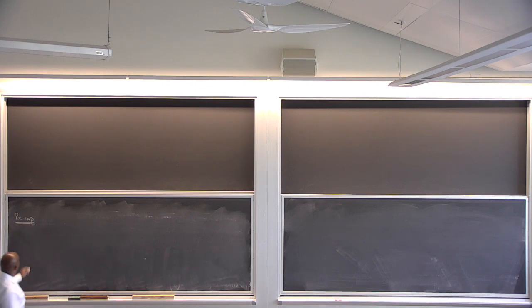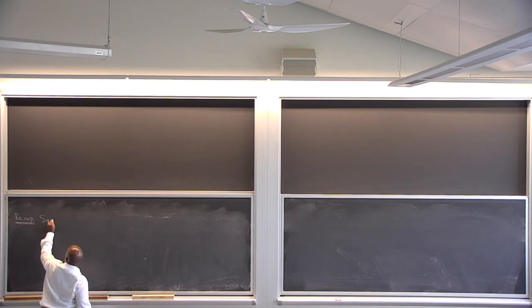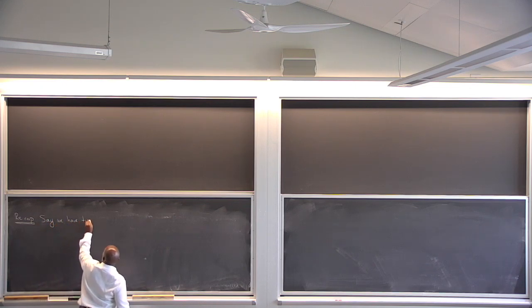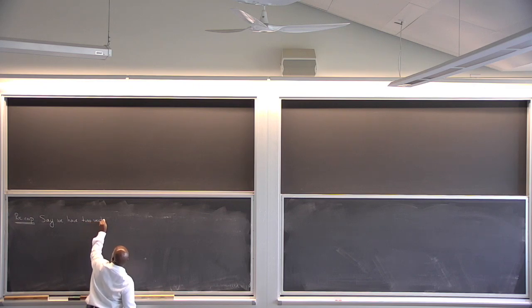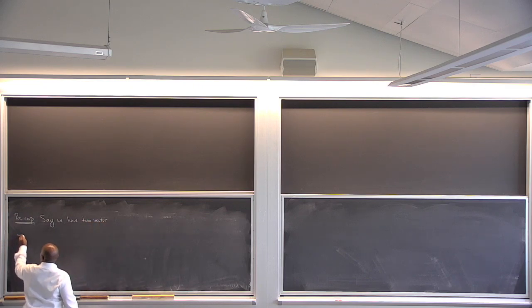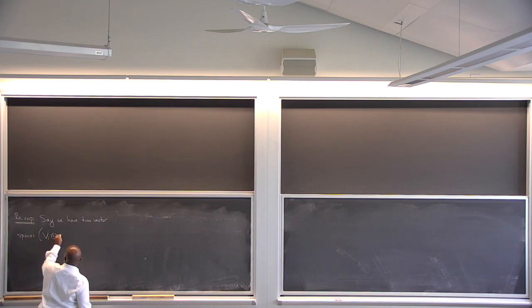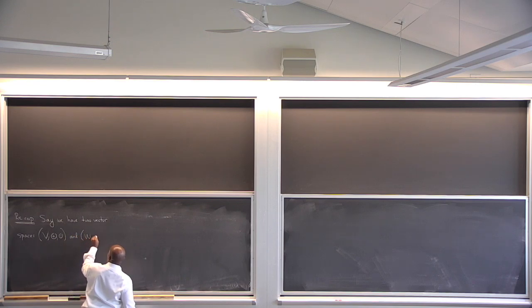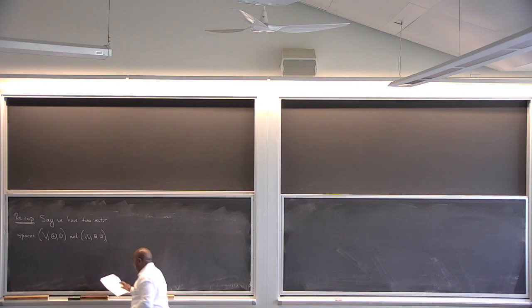Say that we have two vector spaces, which we'll denote by V and W. And say that we have two bases.